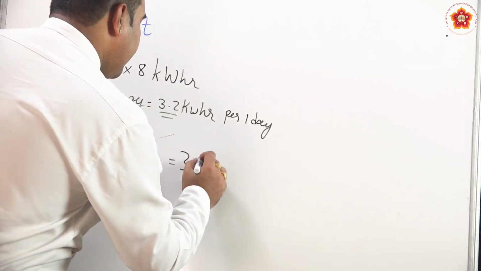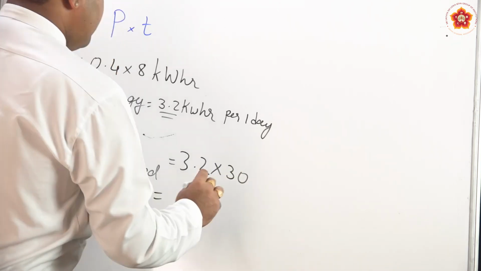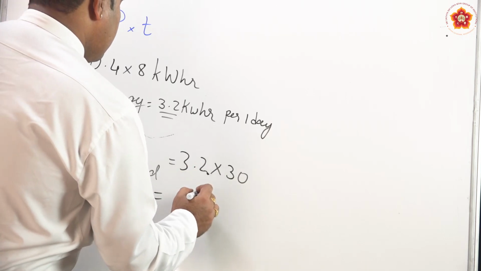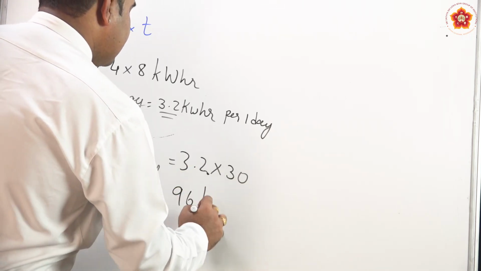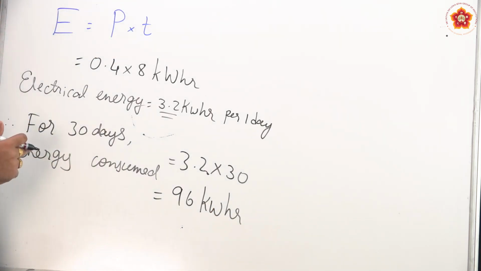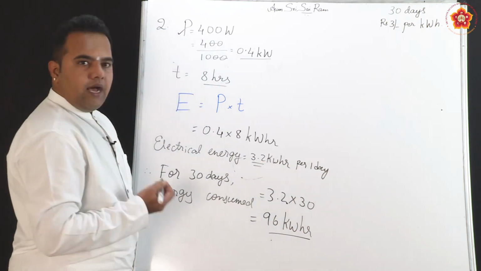So, 3.2 into 30, it will be 96 kilowatt hour. So, the energy consumed in 30 days will be 96 kilowatt hour.